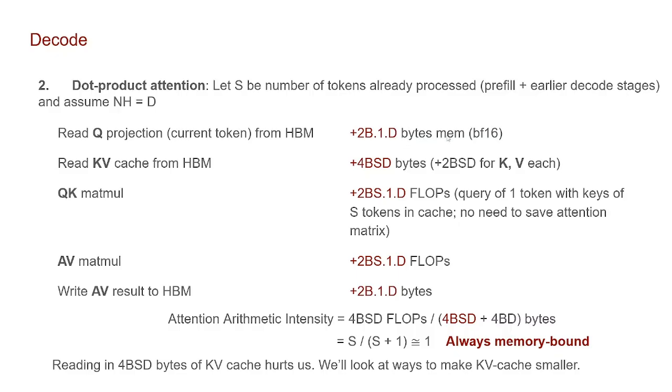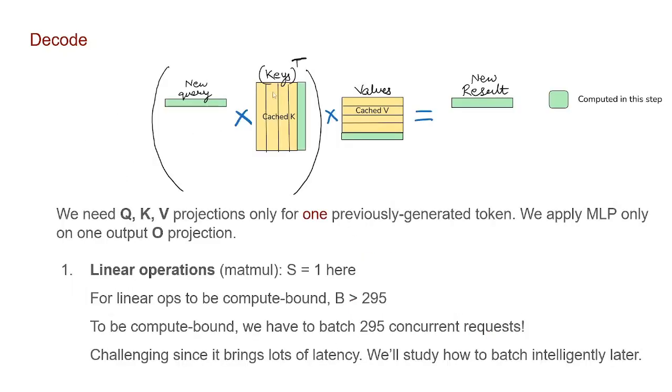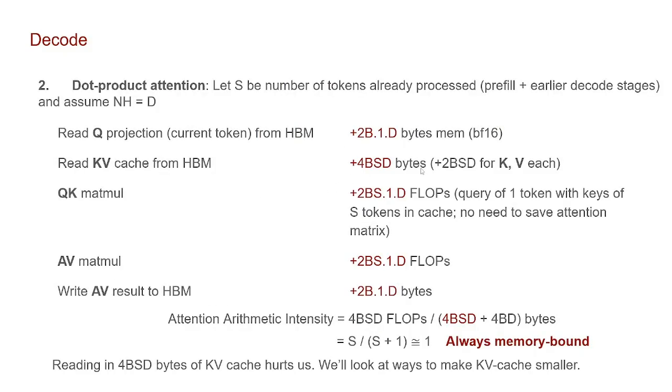We have to load the computed Q projection, which we did in this stage, for the last generated token. Along with it, we also need to load in the key value cache of all the previously generated tokens. And K and V are of shape B times S times D, where S is the number of tokens which I've already processed. Because K and V are two tensors, we have 4 BSD bytes for this.